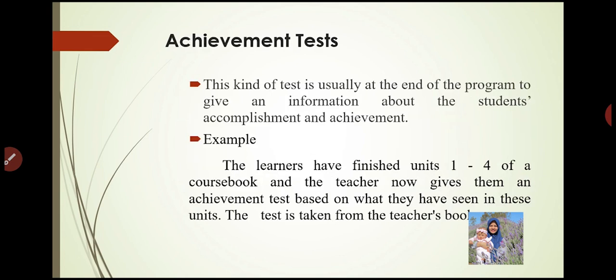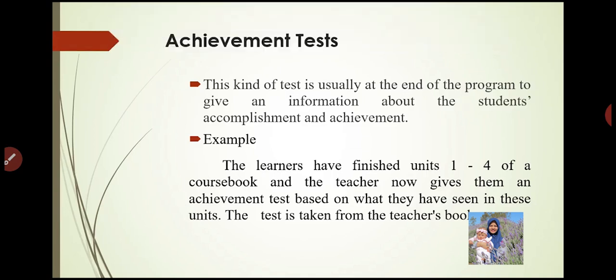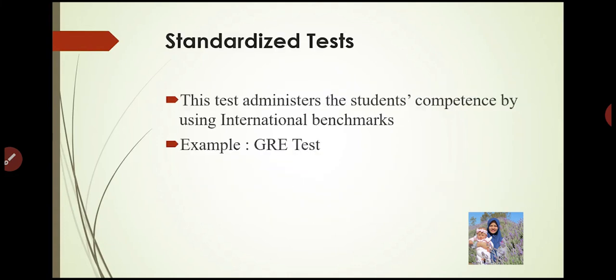Next is the achievement test. This kind of test is usually given at the end of the program to give information about the students' accomplishment and achievement. For example, the learners have to finish Unit 1 up to 4 of the course book, and the teacher now gives them an achievement test based on what they have seen in these units. The test is taken from the teacher's book.